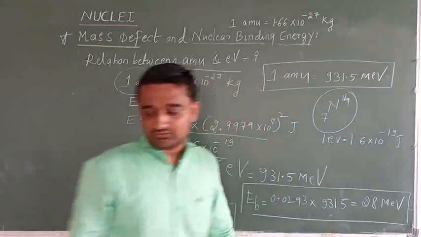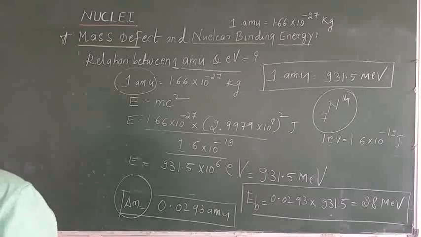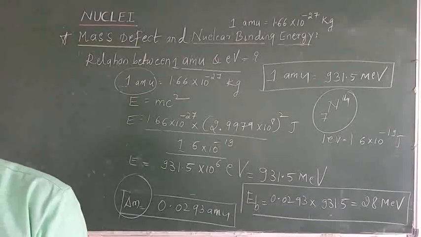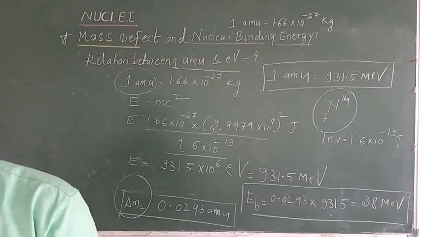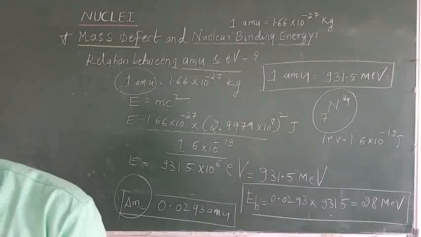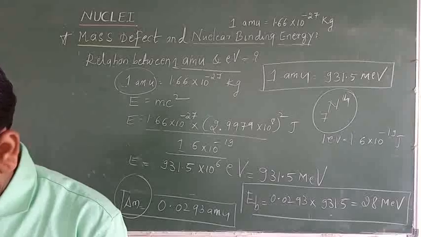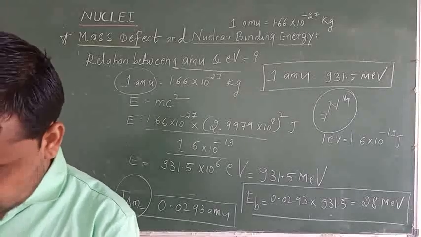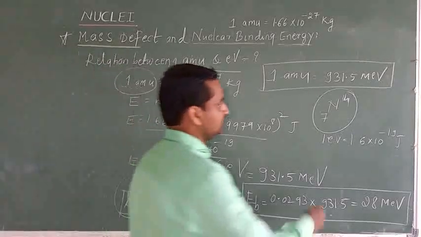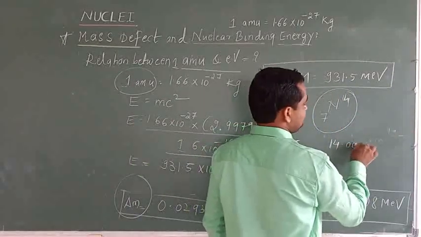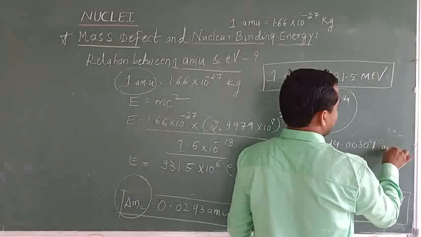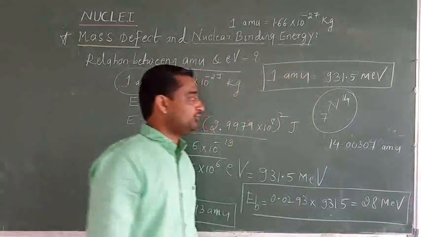Then you note down the mass of the nitrogen nucleus. The mass of the nitrogen nucleus, in terms of AMU, is given by 14.00307 AMU, right?